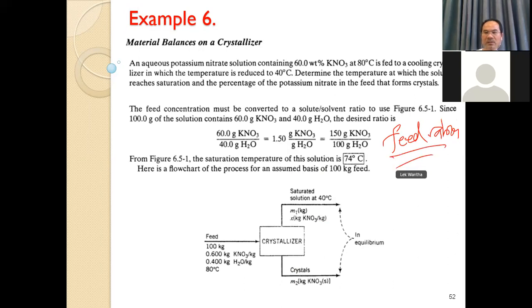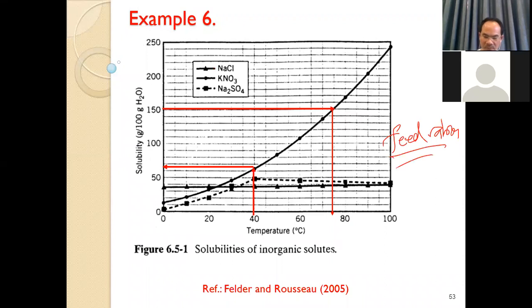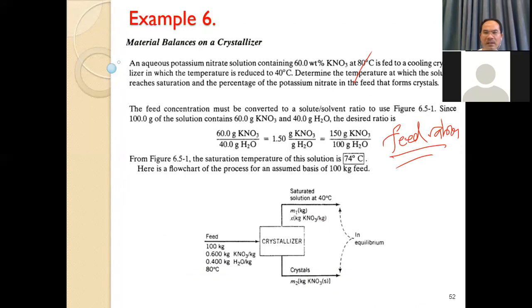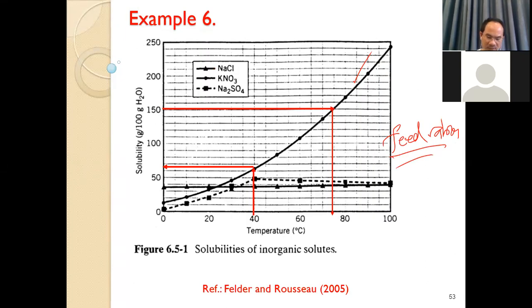Then you have to calculate the saturation temperature of this concentration. We use this curve for potassium nitrate, with solubility in grams per 100 grams of water.